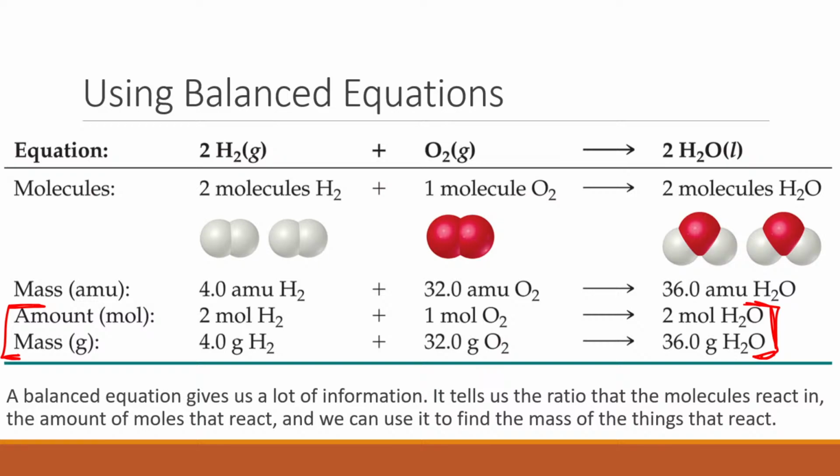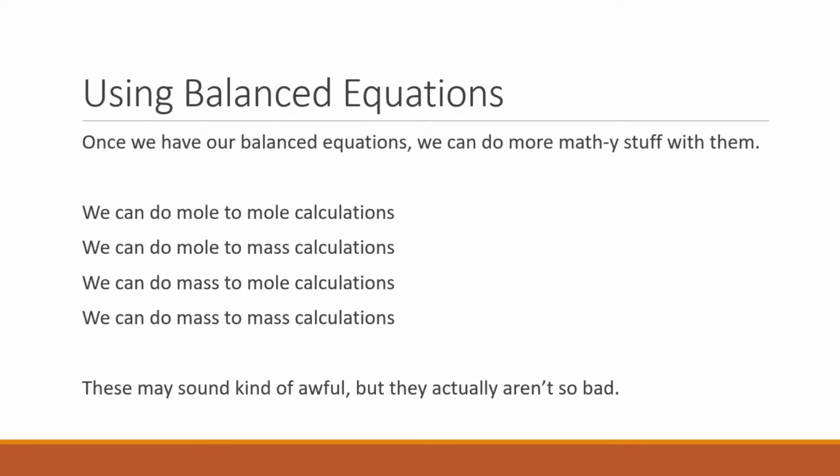And with that in mind, we're going to look at 3 different possible problem types. Using a balanced equation, we're going to look at converting moles to moles, right? Taking a known mole value and asking for an unknown mole. Taking a known mole amount and getting an unknown mass amount.